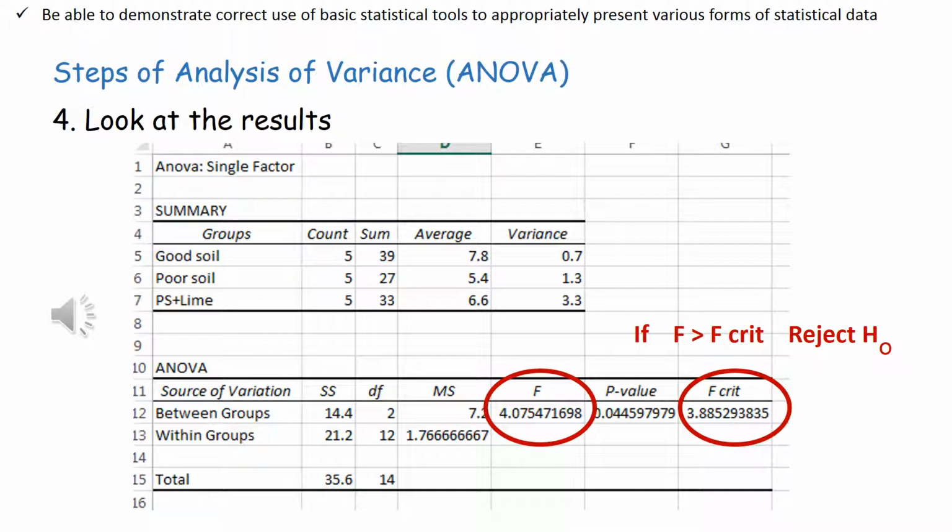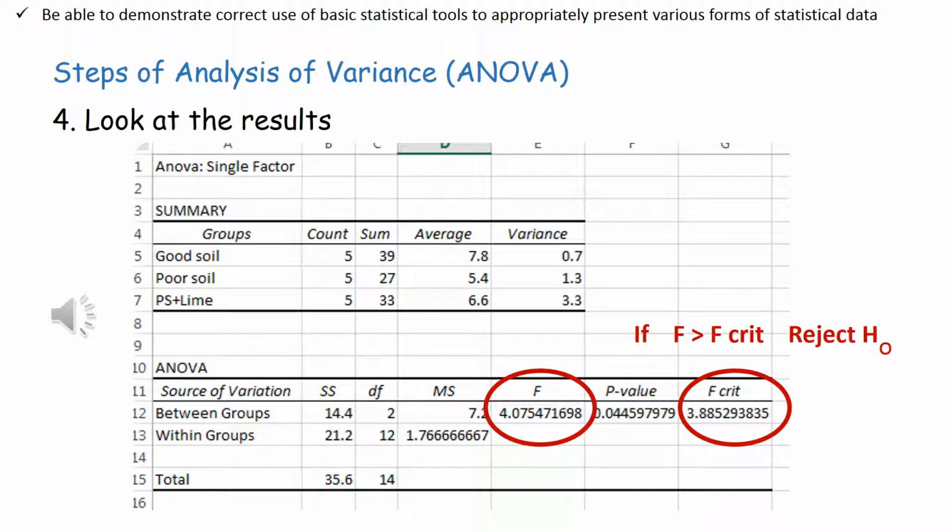The F critical value on the far right side helps us to decide, along with the p-value, whether we reject the null hypothesis or not. Remember, the null hypothesis is telling us that all the means are the same and therefore there are no treatment effects. If there are no treatment effects, F will be equal to 1.